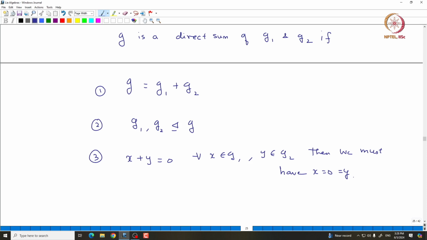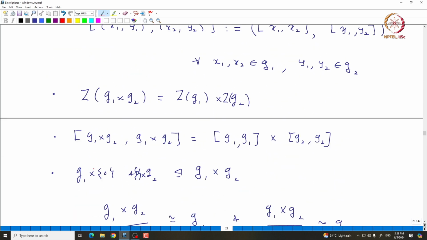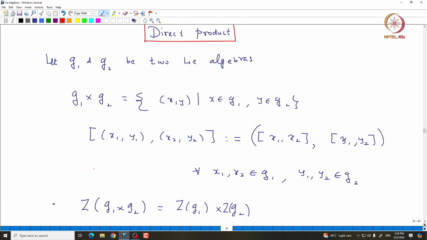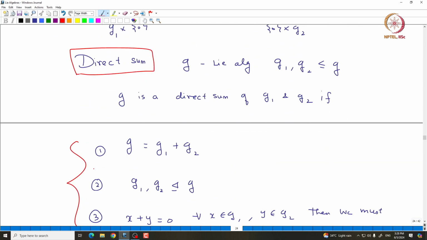There are various equivalent versions of direct sums, so one can take this as the definition, no issue. Now there is a close relationship between direct product and direct sum as long as you consider finite direct products and finite direct sums. Once we have the definition of direct product of two Lie algebras, it is easy to extend that to any finite direct product. Similarly, it is easy to extend to any finite direct sum.